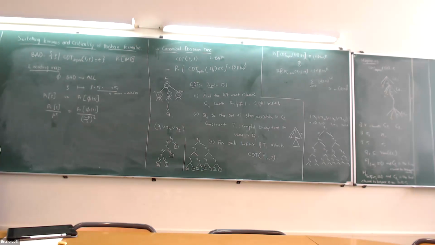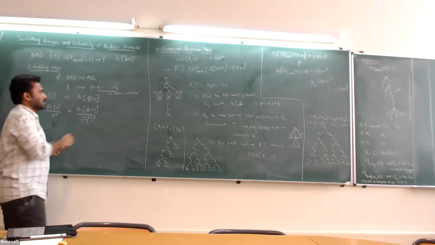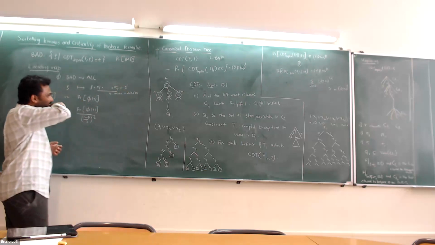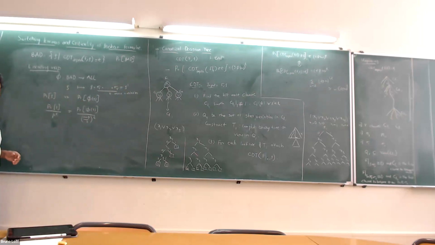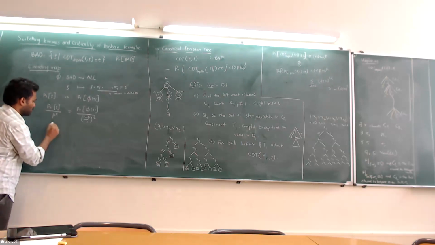It's the probability that I choose rho prime if I sample according to our distribution. Now the only difference is that these t variables that were free in rho, and had probability rho to the t times something, are now set in rho prime. That happens with that probability times something. So this is the relationship between these two.